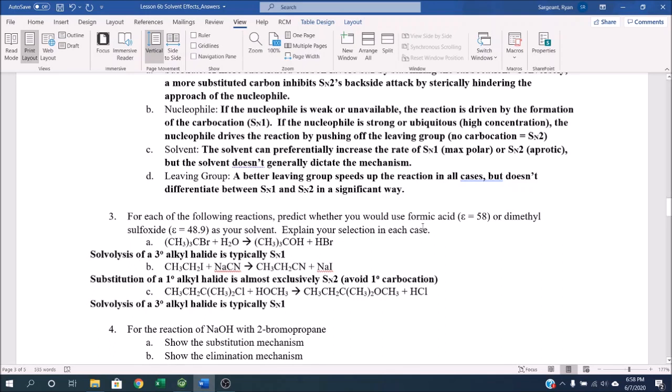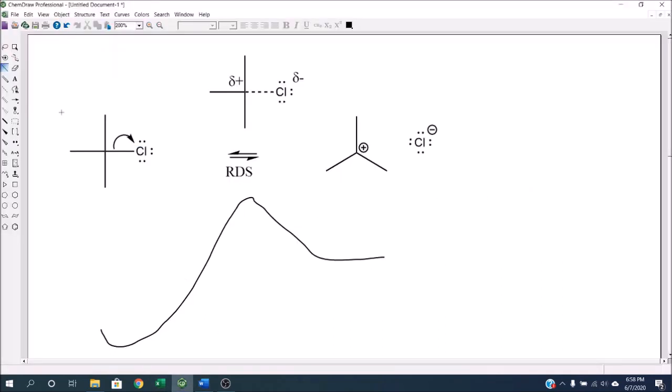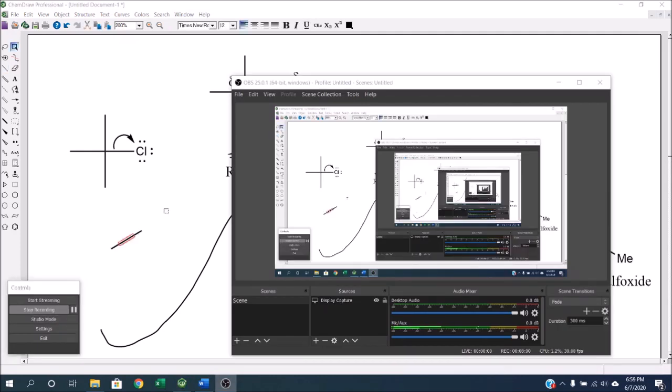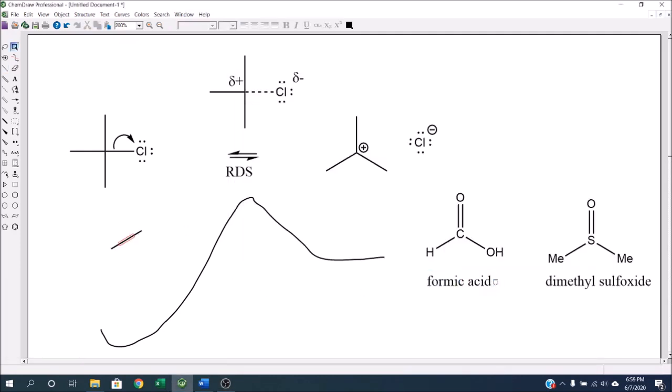So let's draw the Lewis structure for both formic acid and dimethyl sulfoxide. Formic acid is a carbonyl group connected on one side to an OH group and connected on the other side to a hydrogen. I just decided to do this off camera, but here's formic acid right here. Definitely a protic solvent.